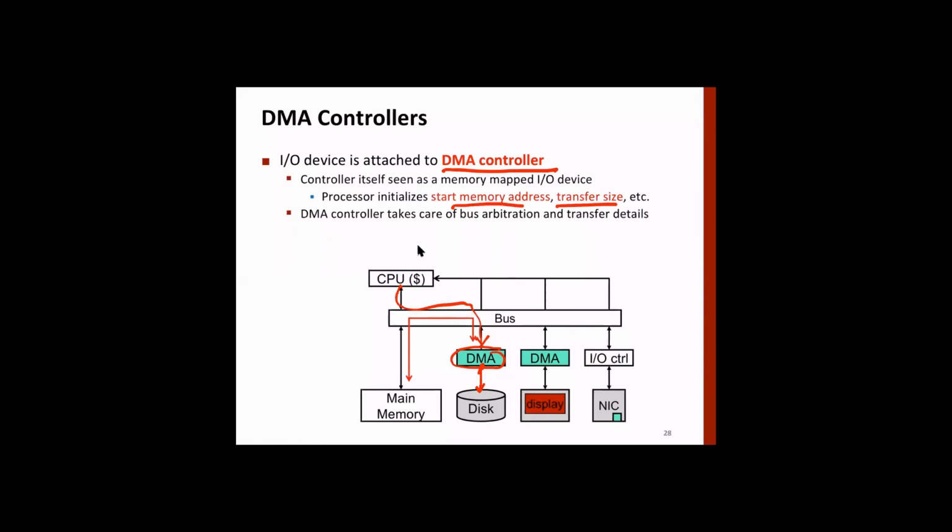This controller will control the transfer of data from disk to main memory, and when this job is done, it will inform the CPU about it. Okay, so it's simple.